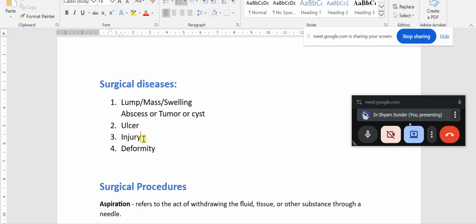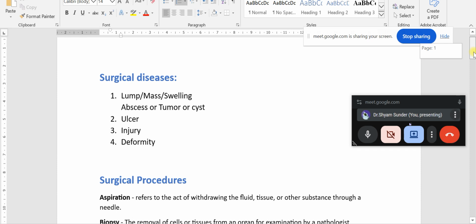Some injuries heal on their own, but most injuries require some procedure. Or deformities, whether congenital or acquired. To correct a deformity, the surgeon has to do a procedure. So these are a few examples of surgical diseases.